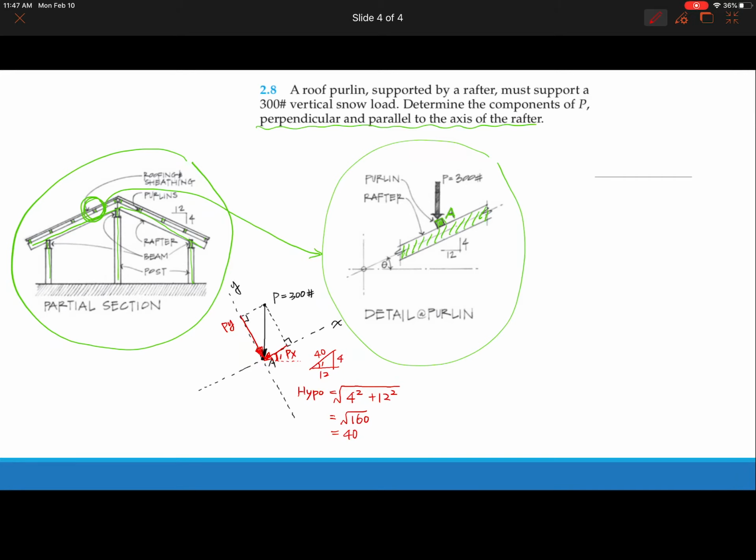So the x is like that, and the hypotenuse is like that. So 4, 12, 40, this is angle 1. If you draw another line parallel to this, these angles will be the same.